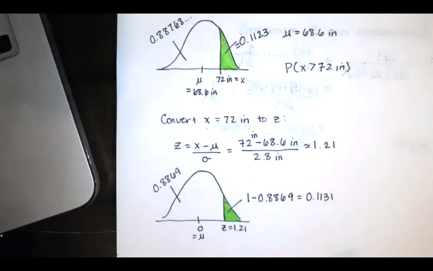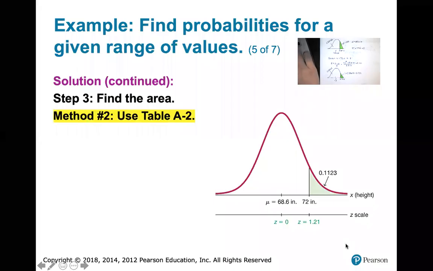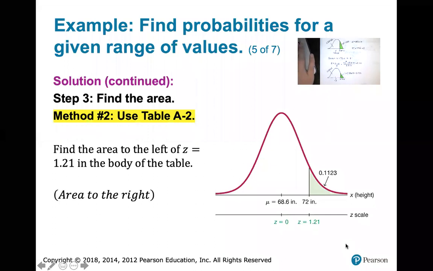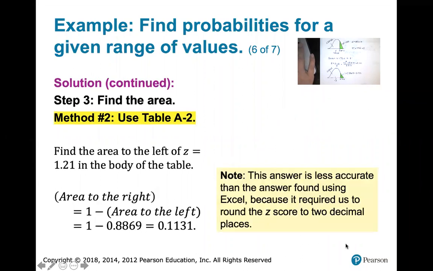Let's go back to our slides. So we find the area to the left, and then the area to the right is 1 minus the area to the left, and so we get 0.1131. It's less accurate because we had to round the z-score to 2 decimal places in order to use the table.